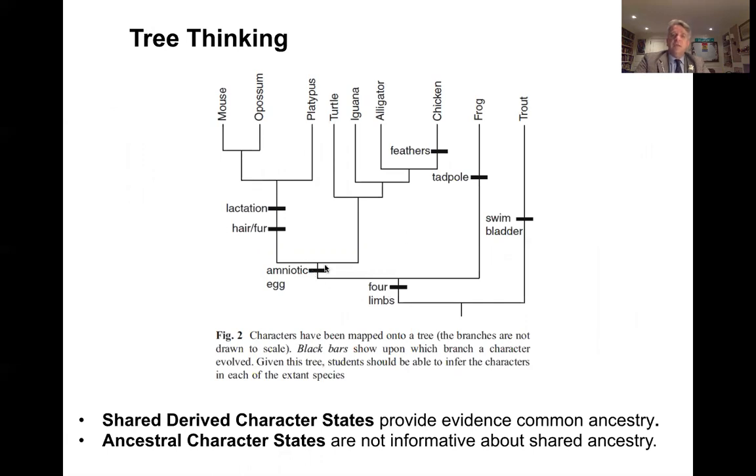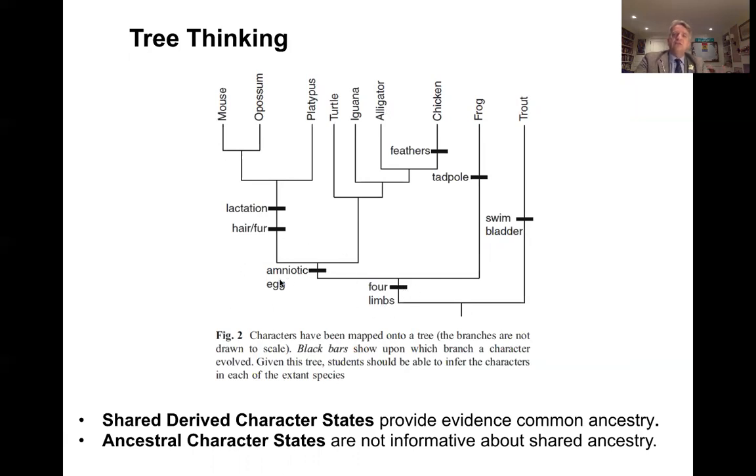And within the amniotes, we have birds, crocodilians, snakes, lizards, turtles. We also have us, the mammals. And mammals are defined by having hair and lactation in part. Okay? So mammals are defined by having lactation and hair. Even though mammals have an amniotic egg and have 4 limbs, mammals are not defined by having 4 limbs and an amniotic egg.